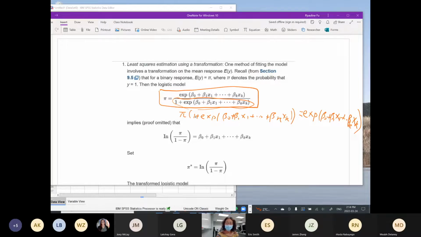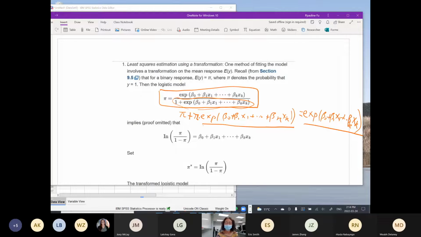This is pi times (1 plus this). So I take this bracket away, it becomes pi plus pi times exp. Do you agree? And then I collect like terms, because I have exp here.